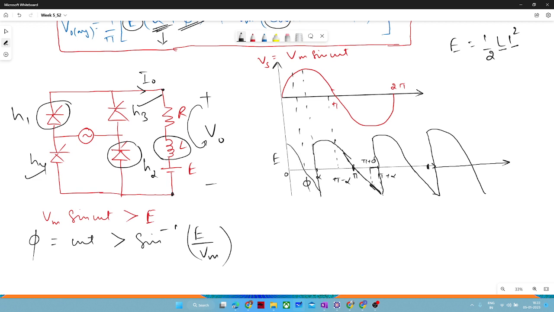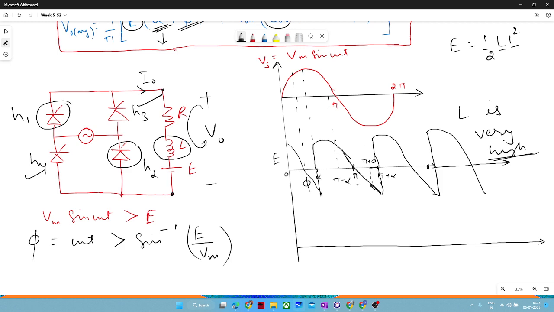So its waveform would be like this. This was the first case, when inductance was very high. Generally this is the case asked in GATE, but there is no certainty that you will be asked the same kind of problem.